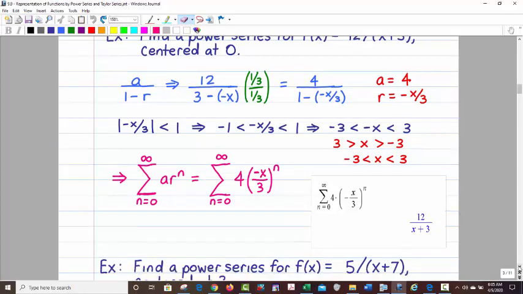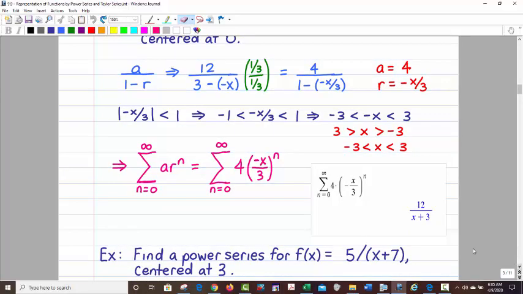And that's going to be the interval of convergence. And then I wrote the series. A was 4. I wrote this as (negative x over 3) to the n. And look what it spit out here. 12 over x plus 3, so it was correct.